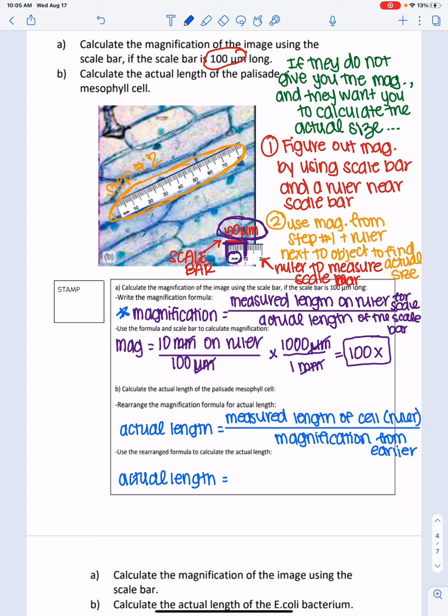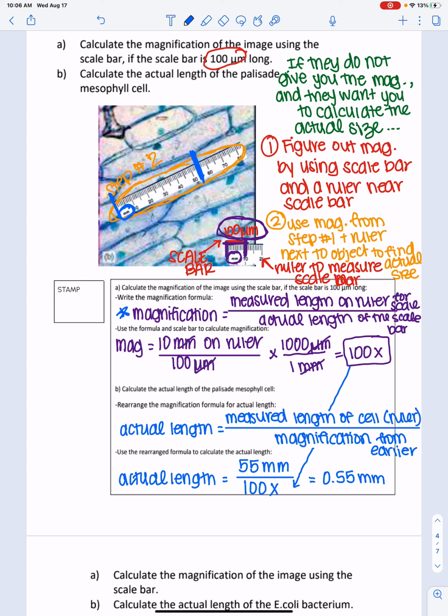So our actual length is going to be equal to, let's see, the cell starts about here, and I say it's going to end right about there. That looks about 55 millimeters. And I'm going to divide that by our magnification that we found earlier, so that's going to be 100 times. When we divide that, we're going to get 0.55 millimeters.